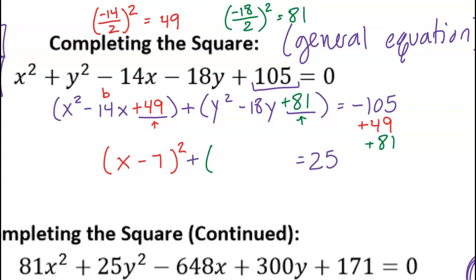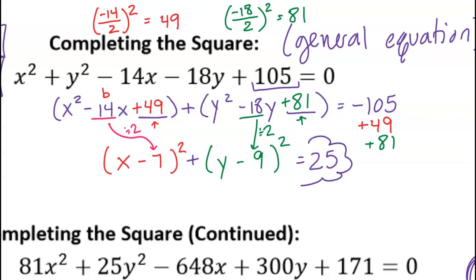You write the variable in a set of parentheses that are squared, and you divide the b value by 2. So again, all you do is take that b and divide it by 2. And we are done. This is the equation of your circle in standard form.